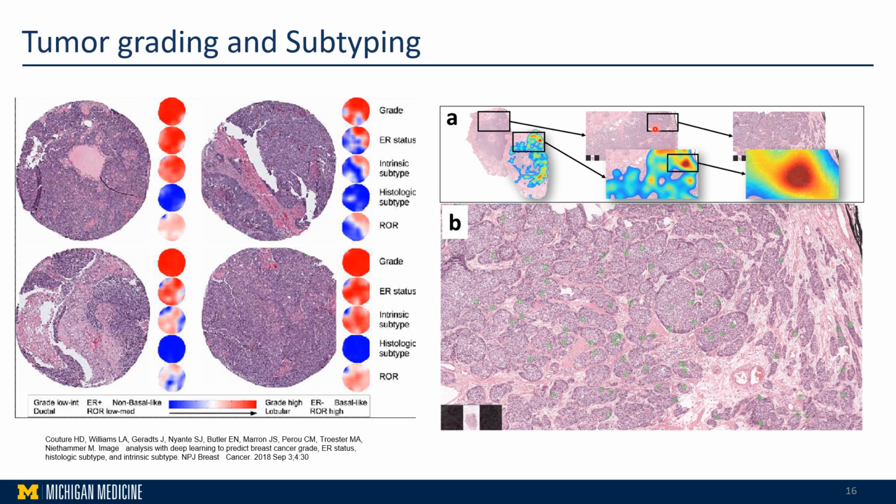On this diagram, as you see, there is a heat map generated over the H&E slides, and when you go to higher magnification, it will generate the heat map of the highest mitosis detection or quantification. And on the image here on B, it will quantify in those green circles all the mitoses detected by the module.